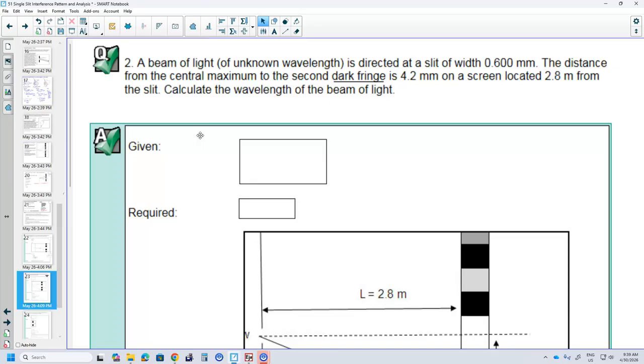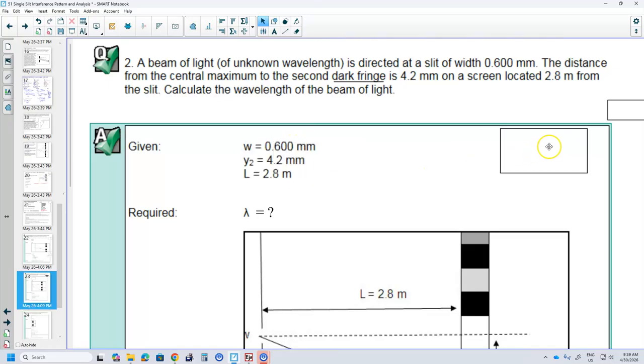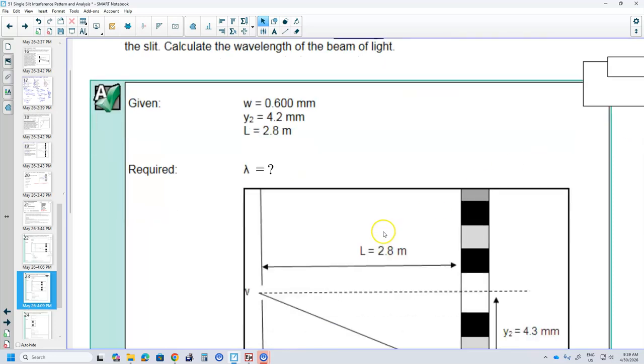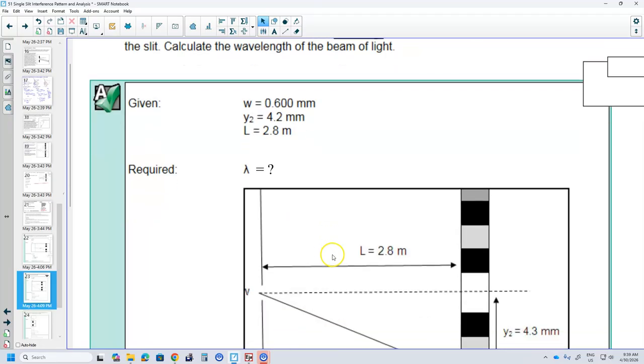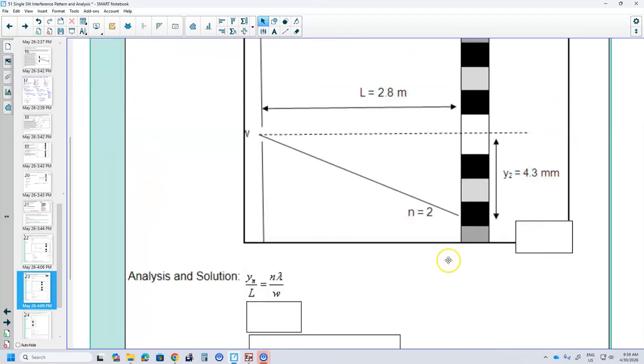A beam of light of an unknown wavelength we're going to figure out, right? So what's the wavelength? Directed at a slit of a known width. The distance from the central maximum to the second dark fringe is 4.2. And so we're going to have an n value of 2. And yeah, we have the length and the n value of 2 if we're using it. I guess we're not using it in this case. Anyways, there's your information. There's an equation that has that in it, and you plug it in.